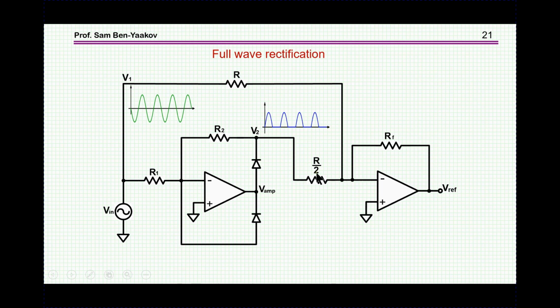This amplifier sums up this input from the rectified waveform with the original input. Now, as you'll notice, these two resistors are unequal. I'm assuming that R1 and R2 are equal, and then by having this resistor half this resistor, the gain through here will be twice the gain here, and this will accomplish what we want.